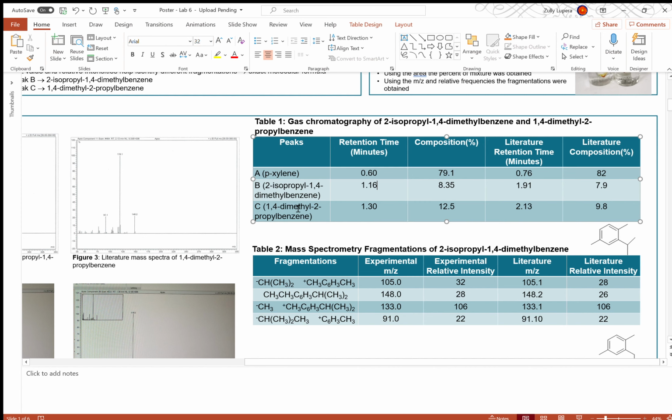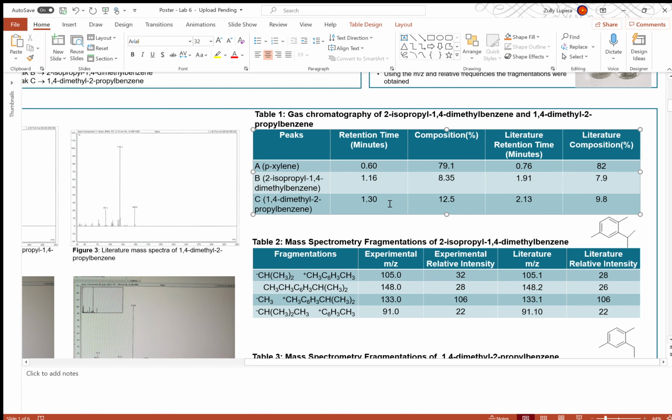And peak C had the highest retention time of 1.30 minutes and an even higher literature retention time of 2.13 minutes. It had a composition of 12.5%, which was higher than the literature comparison of 9.8%.